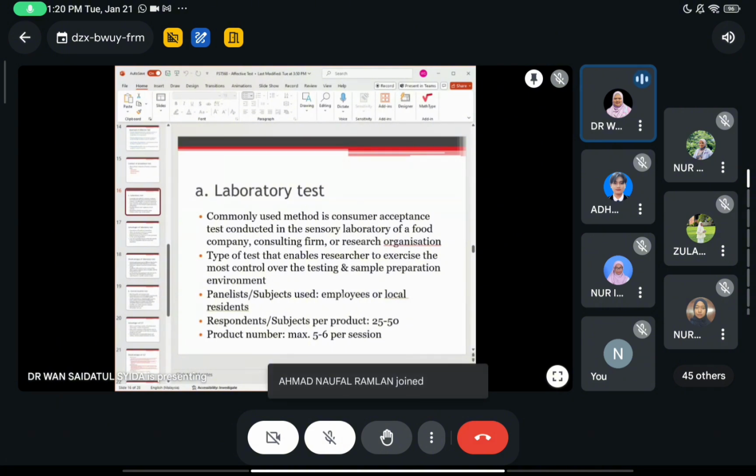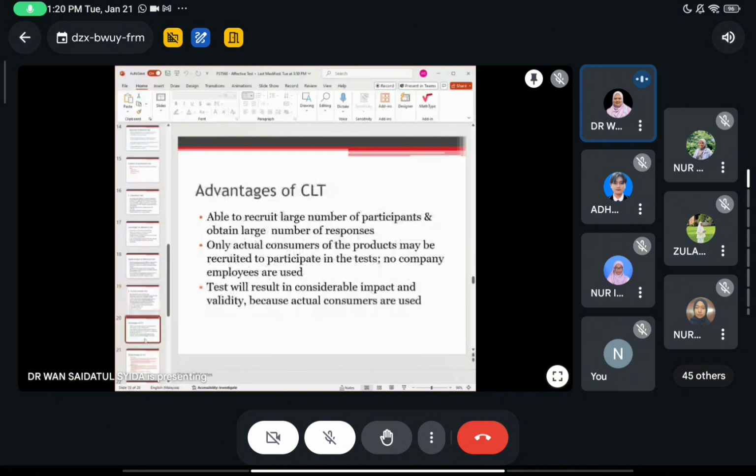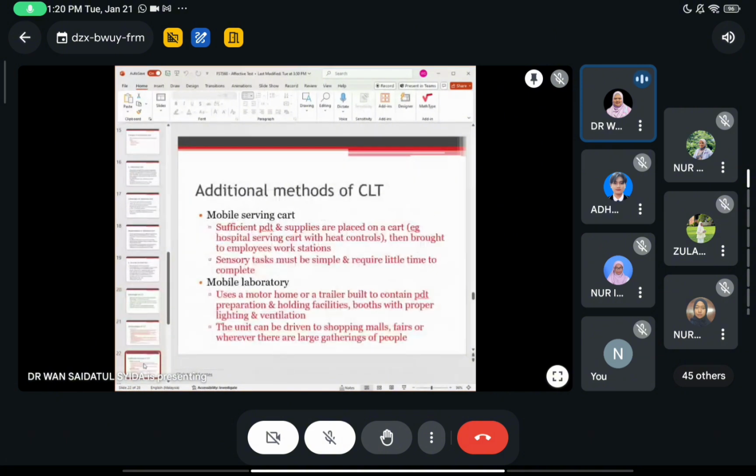So in the laboratory, all the food will be prepared in an organized preparation area. So if you are conducting at a central location, maybe a shopping mall or outside of the shopping mall, you are using additional methods.